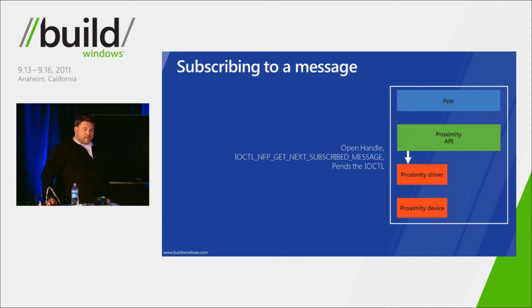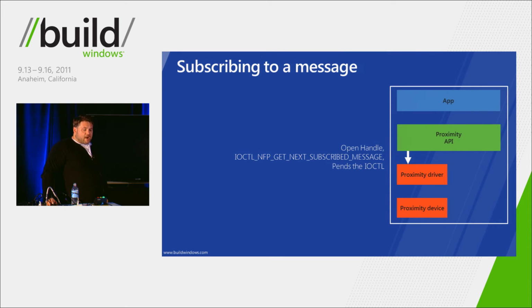The Proximity API takes that and does a number of things. It opens up a handle down into the driver, and it sends a new ioctl down, which is effectively, I want to subscribe to the next message. Let me know when something's going on, so that the app can know when something has actually been delivered or received.